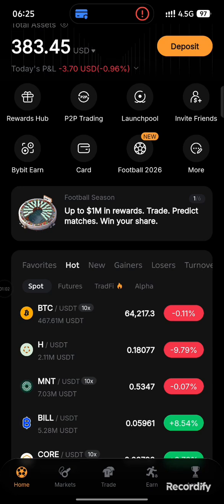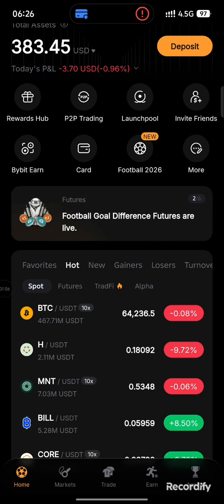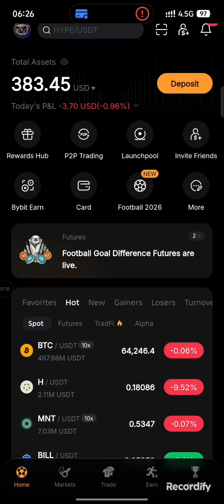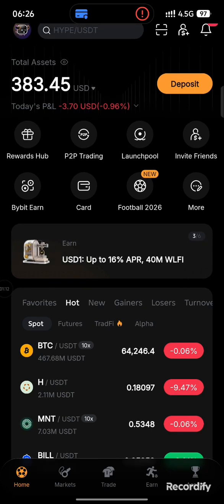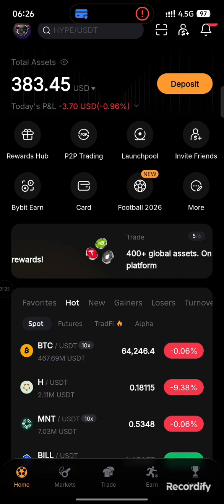One of the first things we'll look at is the RSI, and after the RSI, we're going to also look at the MACD lines. This will help you stay on track, know when to buy, and know when to sell.